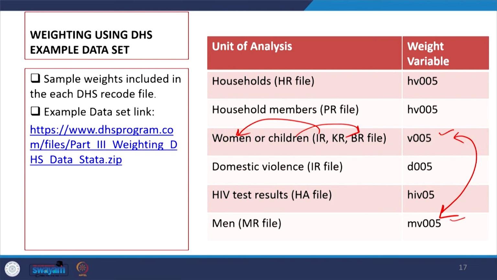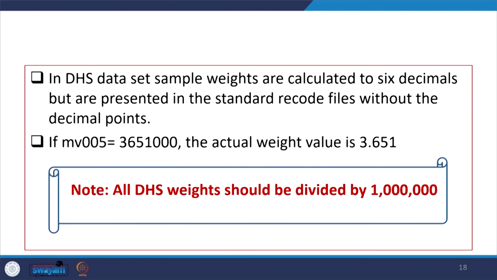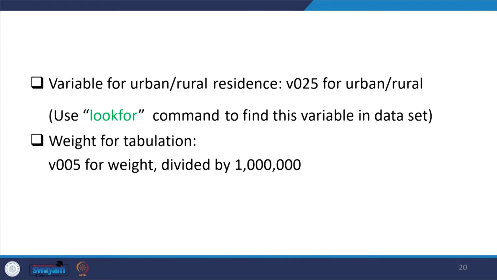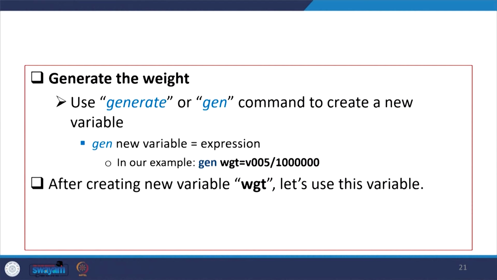This is V005, the weight for that particular data set. Then we have to divide it by 10 lakhs, and that will generate the right weight for us. To generate the weight, we use the generate command, or simply a gen command, to create a new variable.